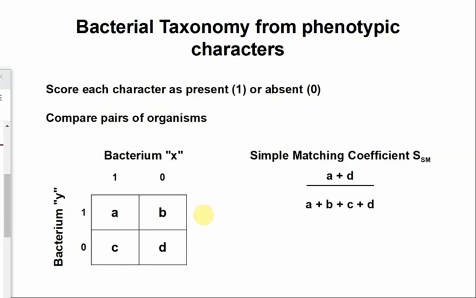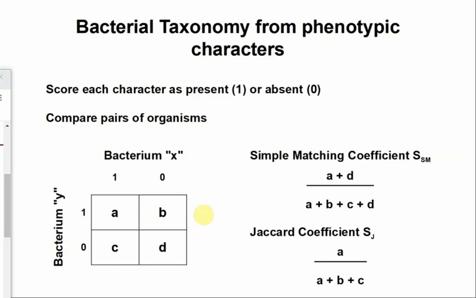You might get some false results including characters that are absent from both species, and you probably don't want to do that. So probably the Jaccard coefficient is more useful. You only count the characters that are shared, and you divide it by the characters that are present in at least one of the two bacteria.